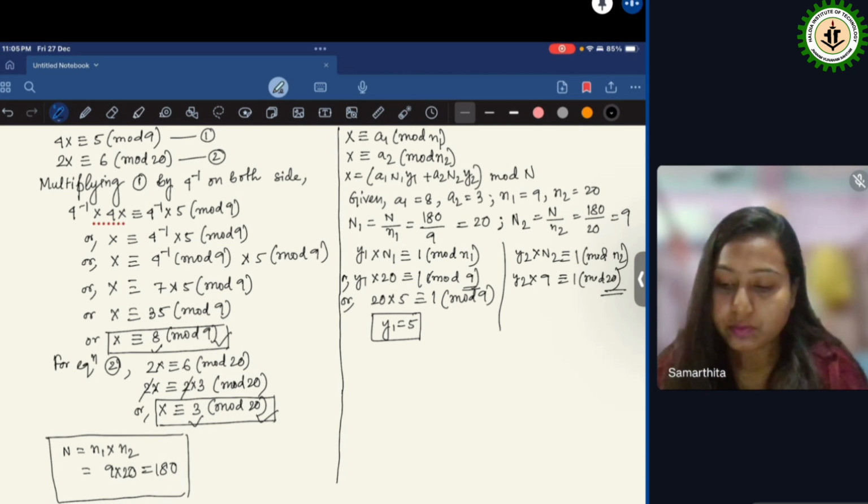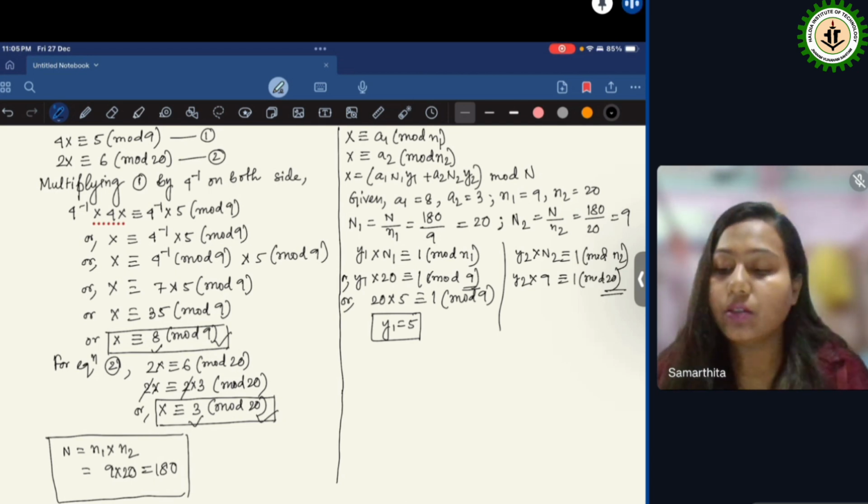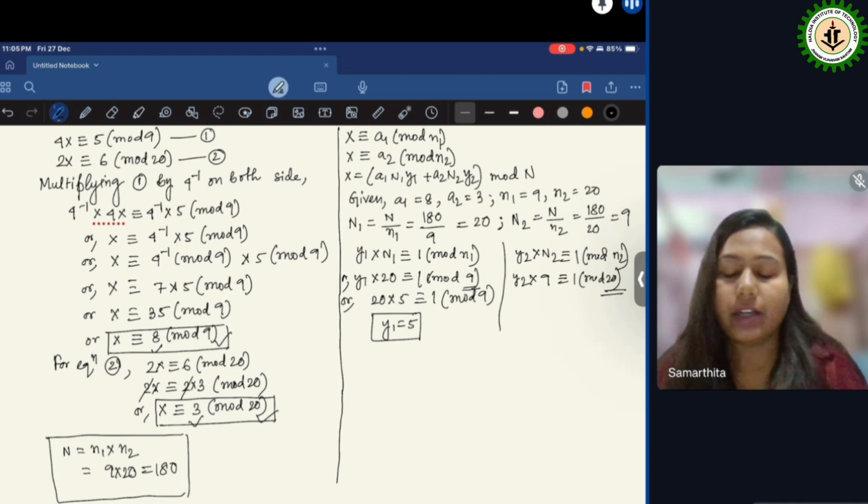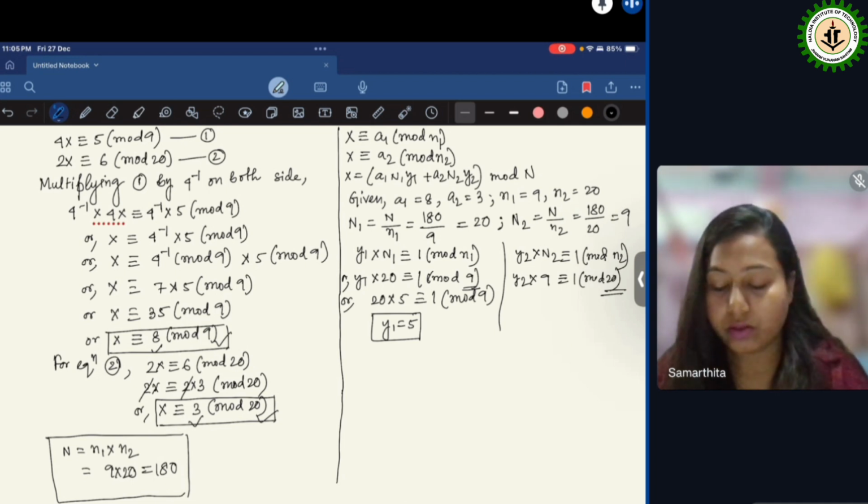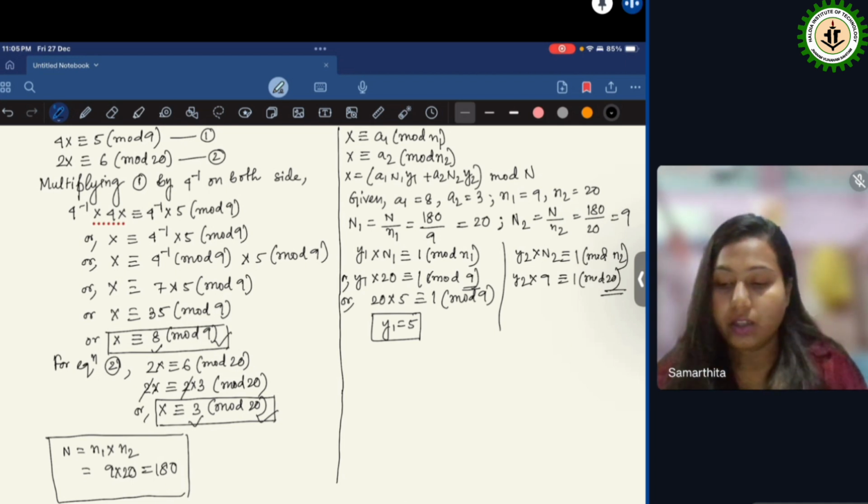So now let's try from 7. 7 into 9 divided by 20 does not give 1 as remainder. Then 8. 8 into 9, then it is not remainder 1. So let's try for 9 into 9.